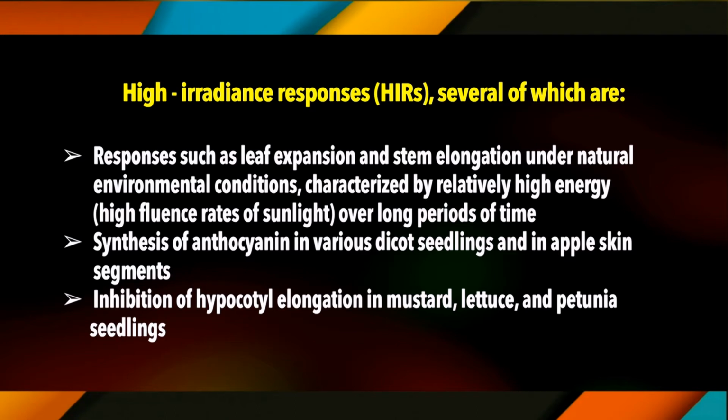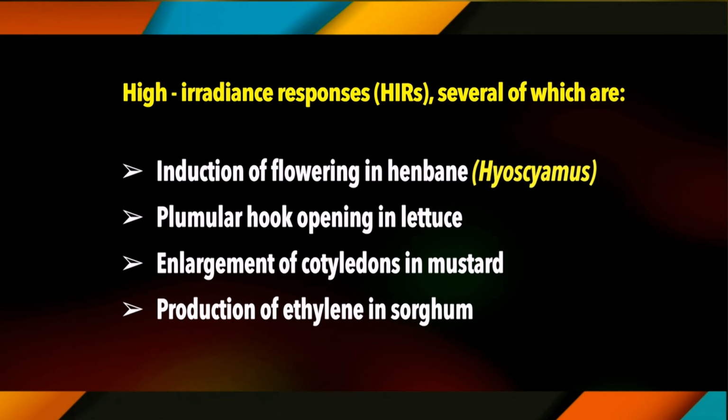Number 3, inhibition of hypocotyl elongation in mustard, lettuce and petunia seedlings. Number 4, induction of flowering in henbane, Hyoscyamus. Number 5, plumular hook opening in lettuce. Number 6, enlargement of cotyledons in mustard. And number 7, production of ethylene in sorghum.